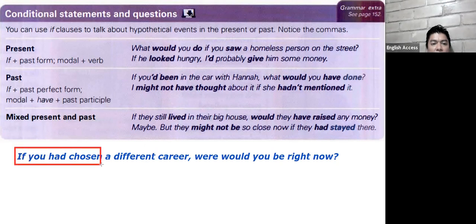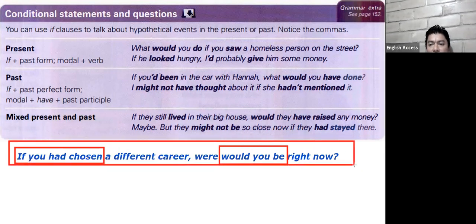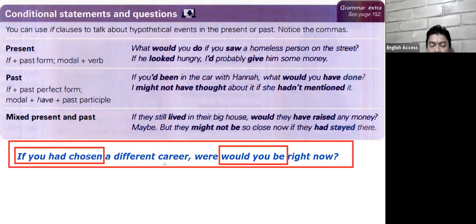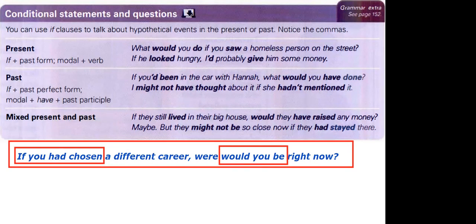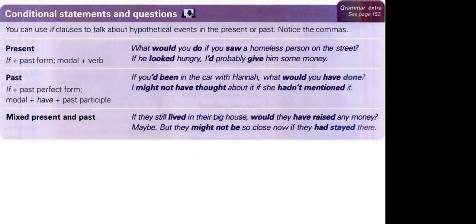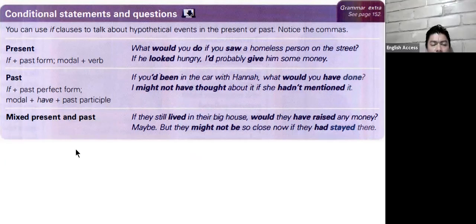There: if you had chosen a different career, where would you be right now? Another example of mixed conditionals, correct? Yes. Okay. Another one? Yes, I think another one, right? Yes, please.